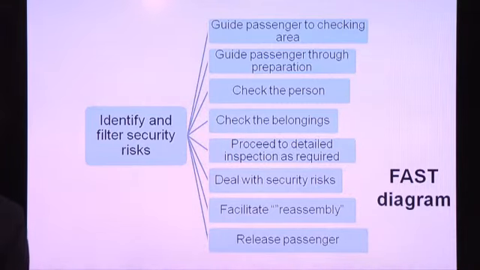Those are logical steps, sub-processes, or functionalities required by the process identify and filter security risk. They are generic and universal. Any airport, any country that tries to do that will more or less have to go through these steps. How they do it specifically will depend on their specific choices.